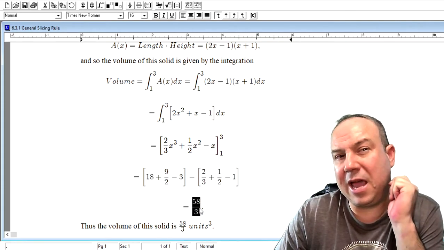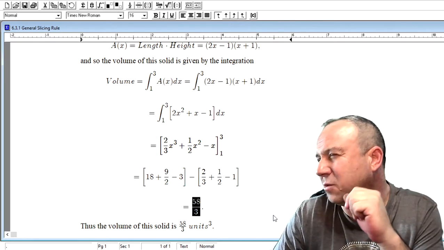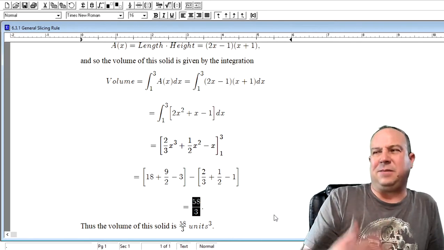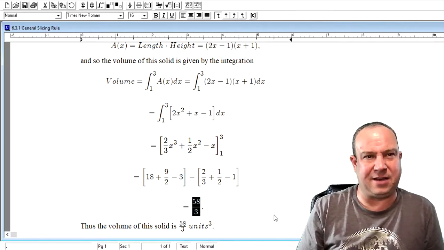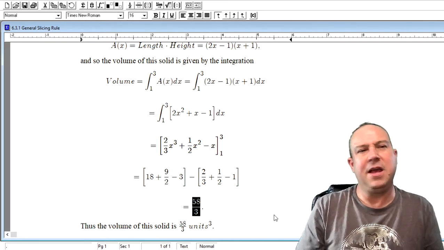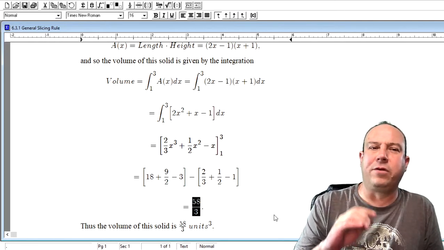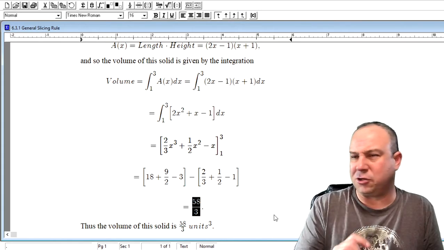And you can see there that's going to be a little under 19 and that's what 58 thirds is. It's a little under 19, so it does seem to check without a heavy check on that. It seems appropriate. Thus, the volume of this solid is 58 over 3 units cubed in its measurement.